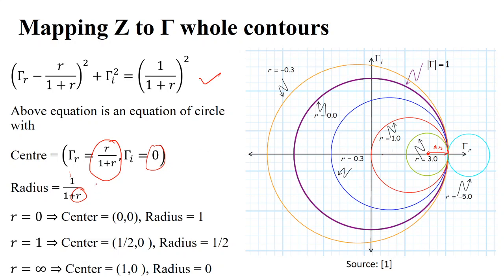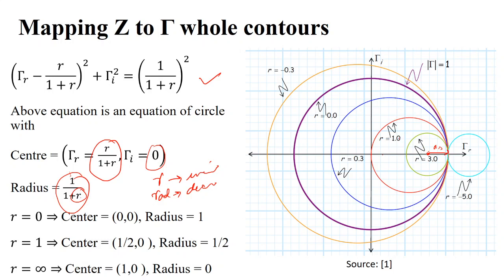Similarly, if you decrease the value of r, what will happen? The radius will increase. If your r is increased, the radius of the circle will decrease. If you decrease r, the radius will increase. So here we are decreasing r.